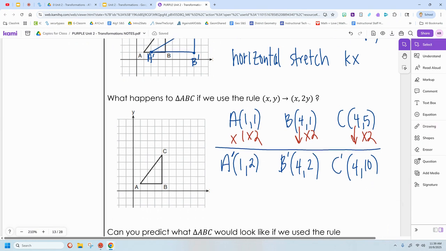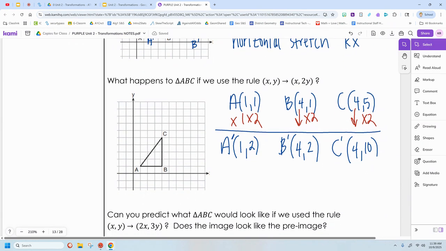Whoa. When you have your 3 points, you're going to plot them and connect.